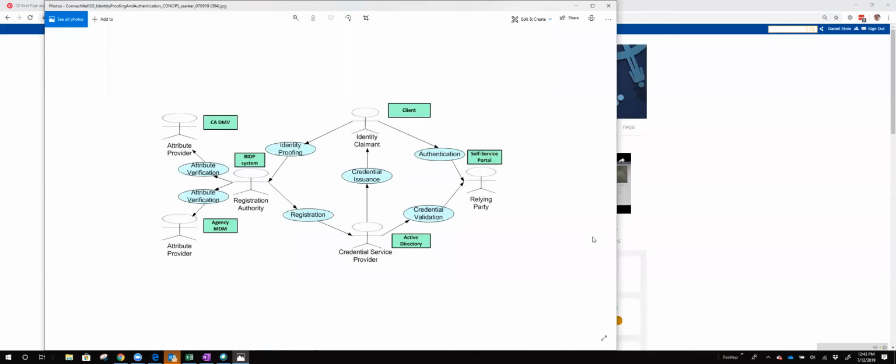And the third is that once you have made the determination and issued them a credential, allowing them to come into various systems and perform transactions. So we look at it as three separate but mutually interacting problems.